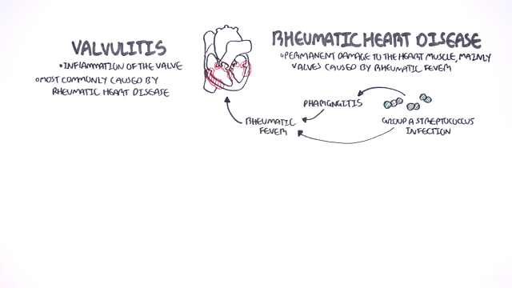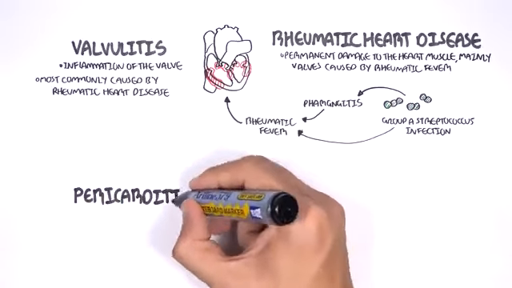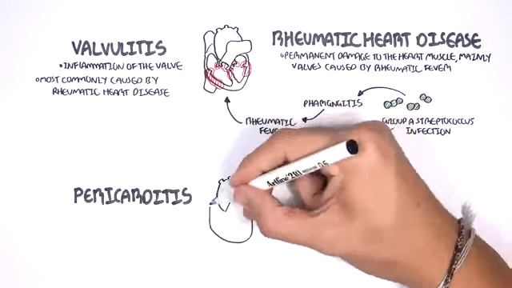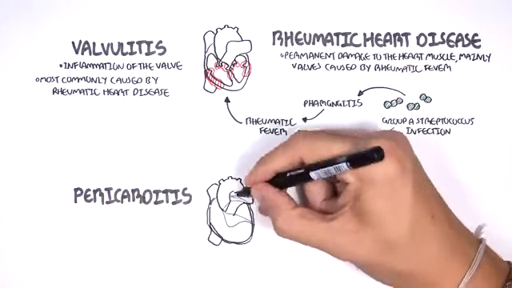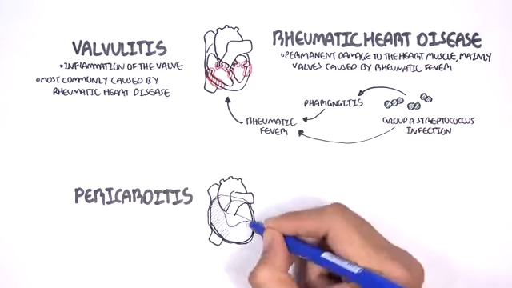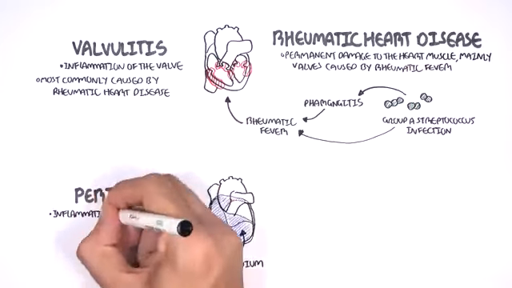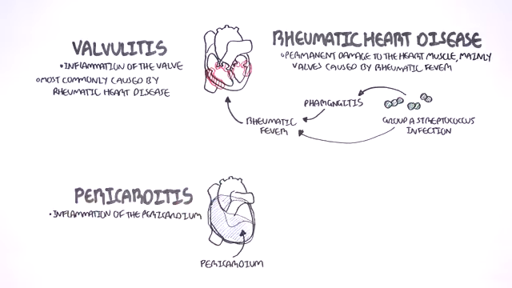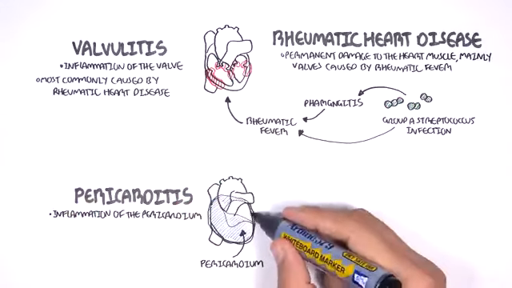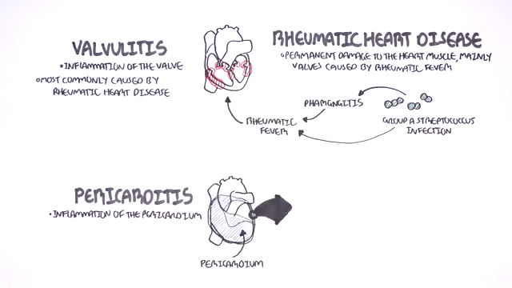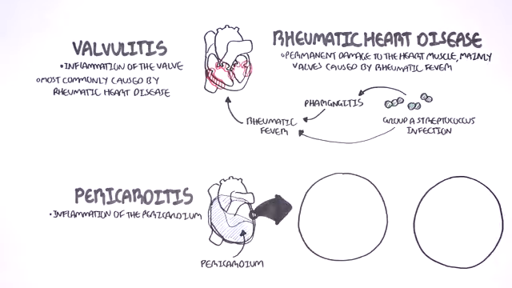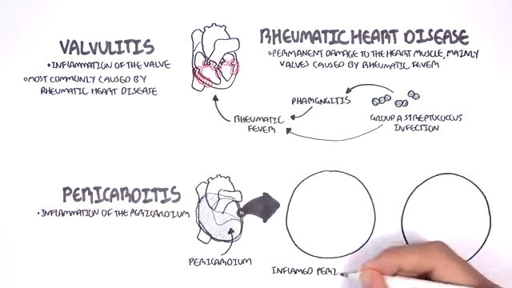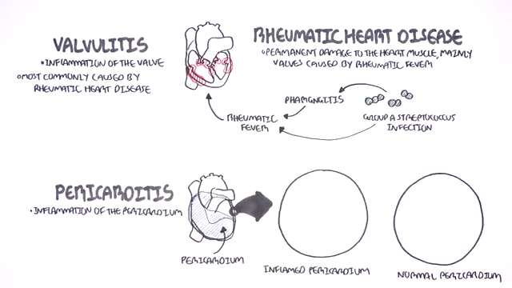The next cardiovascular disease is pericarditis, which is inflammation of the pericardium. The pericardium is a fibrous and serous layer protecting the heart. We will look at how the pericardium looks inflamed and how it looks normally using a diagrammatic representation. So when the pericardium is normal, this is what it looks like.